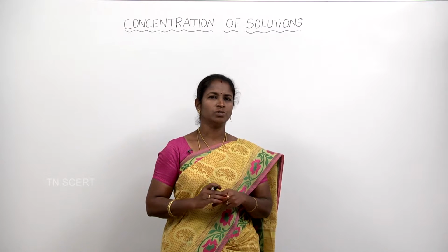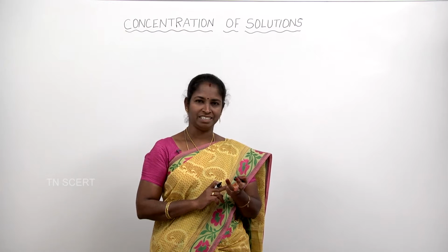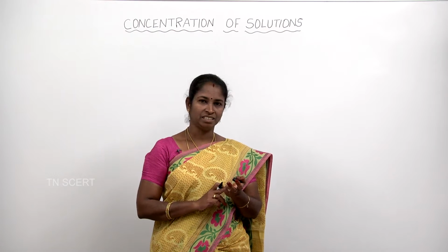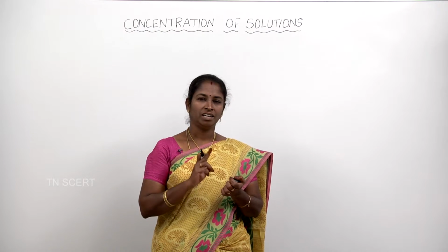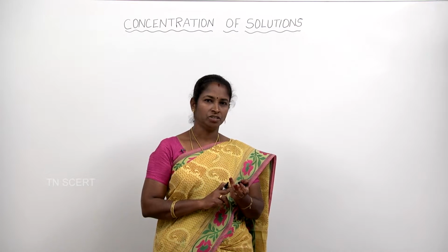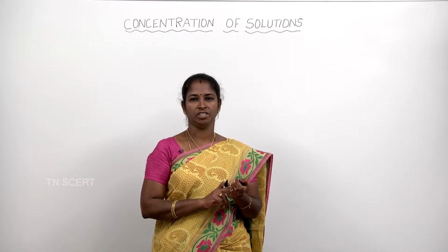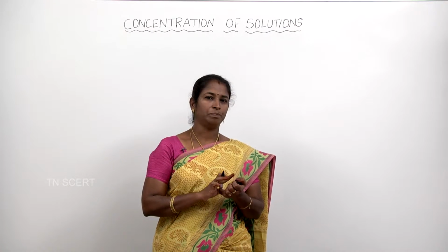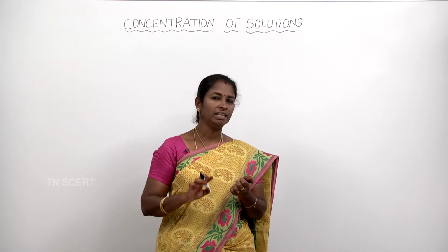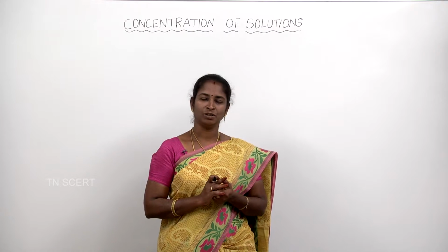What are the methods used to express the concentration of the solution? Molality, molarity, mole fraction, normality, formality, mass percentage, volume percentage, mass by volume percentage, ppm, parts per million. These are all the units used to express the concentration of the solution.